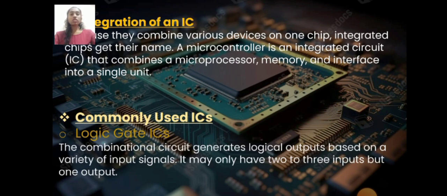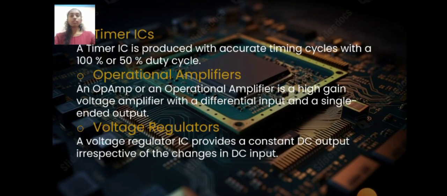And let us see which ICs we commonly use. First, logic gate ICs. The combinational circuit generates logical output based on a variety of input signals. It may only have 2 or 3 inputs but only one output. And timer ICs. A timer IC is produced with accurate timing cycles with a 100% or 50% duty cycle.